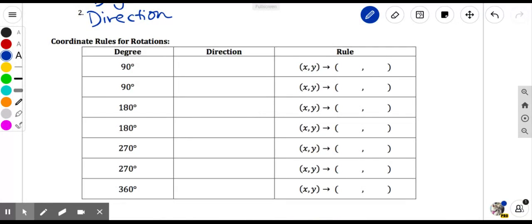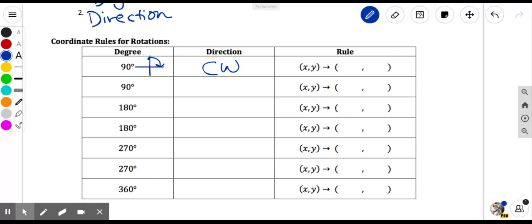So first let's do 90 clockwise. A 90 clockwise rotation, if I was starting here, would just be one quadrant. Every quadrant is 90 degrees. There are 4 quadrants, so each time you move a quadrant, that's another 90 degrees. That's what 90 clockwise looks like.